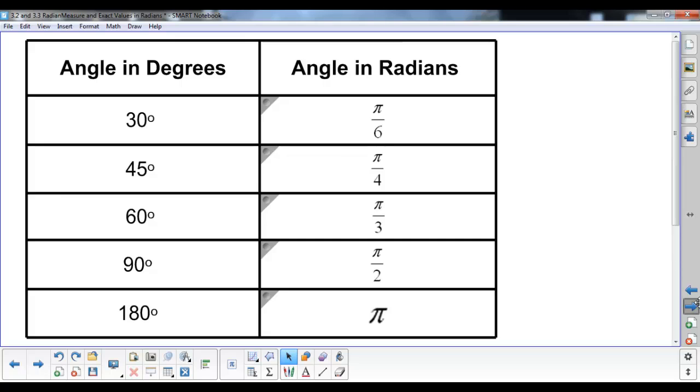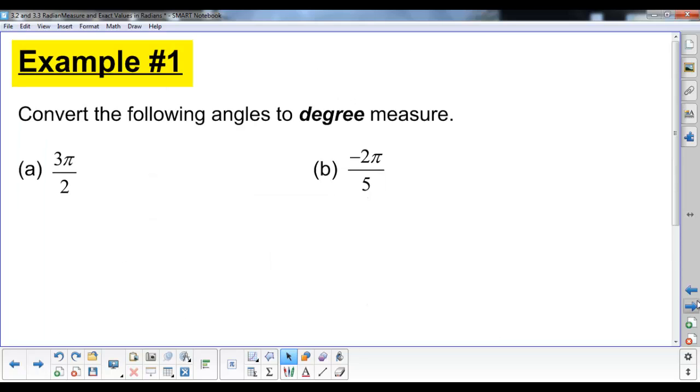Okay, so let's work on a few examples that aren't in our special triangles. We want to convert the following angles, which are in radians, to degree measure. The way we do that is you take your radian measure and multiply by 180 over pi.